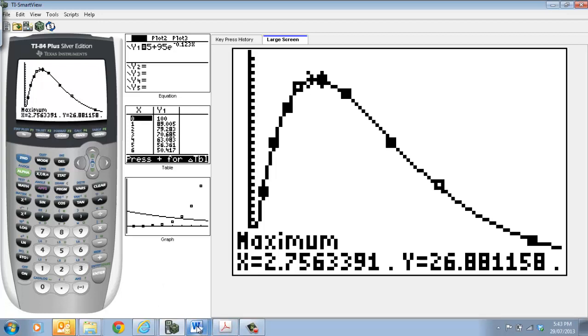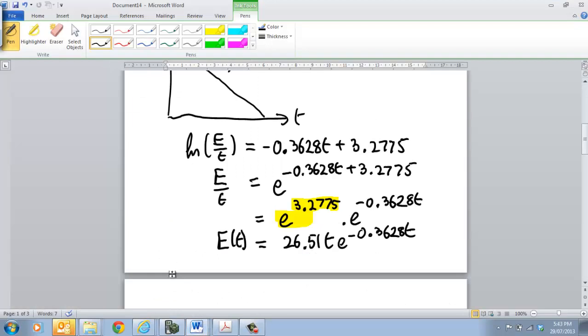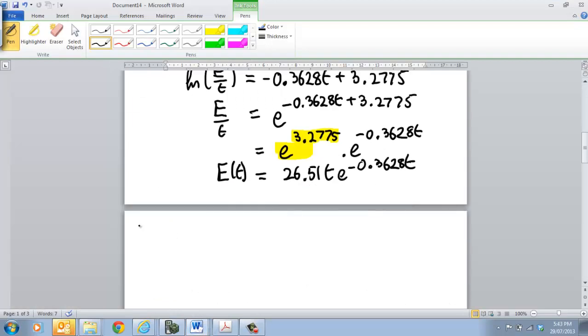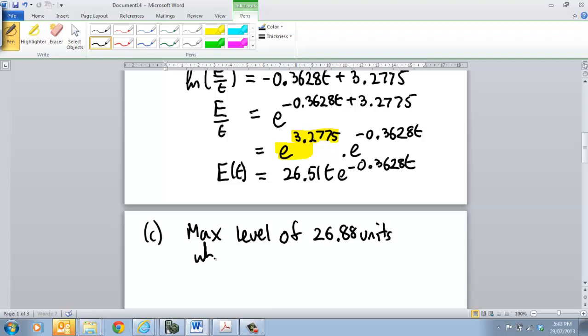Alright, so going back to there, so part C for that, maximum level of 26.88 units when X or T, should use T, shouldn't I?